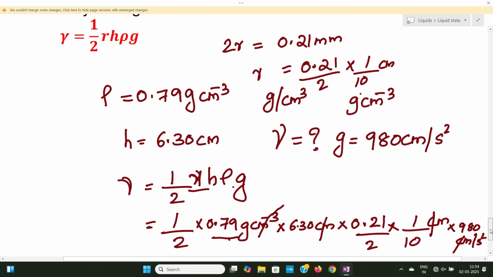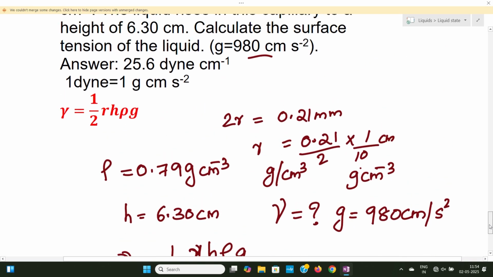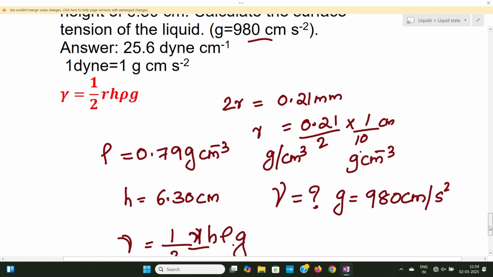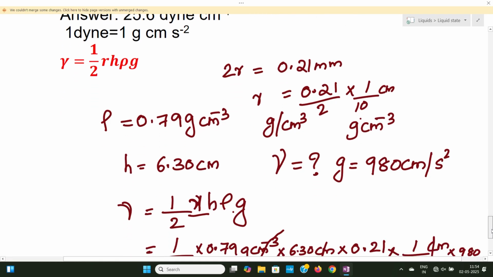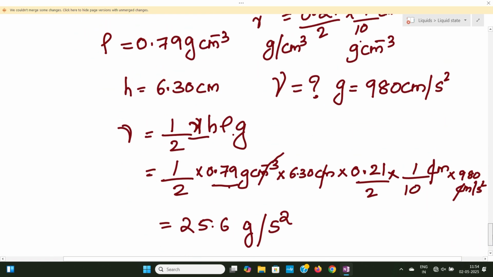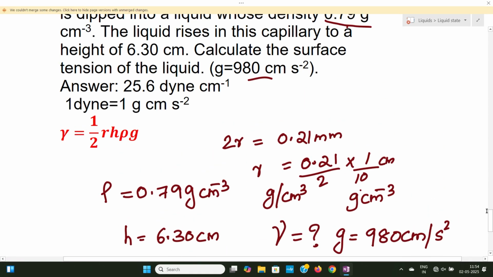The answer is to be given in dyne per centimeter. Our answer is 25.6 gram per second square. So 1 dyne is 1 gram centimeter per second square.